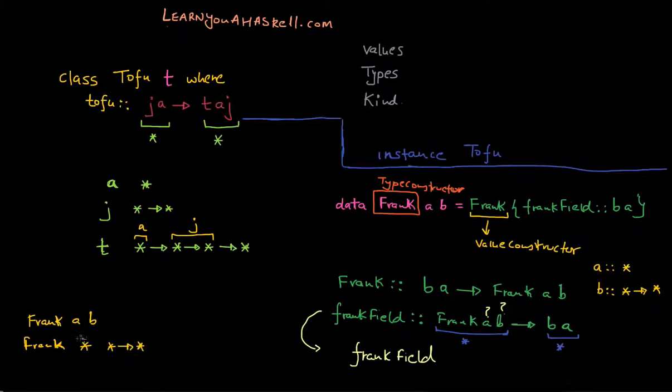So this is my A, and this entire thing over here is my B. Both of these are being passed as parameters into my type constructor Frank.